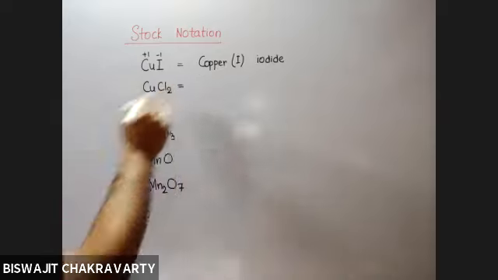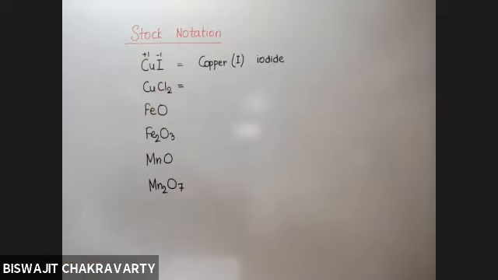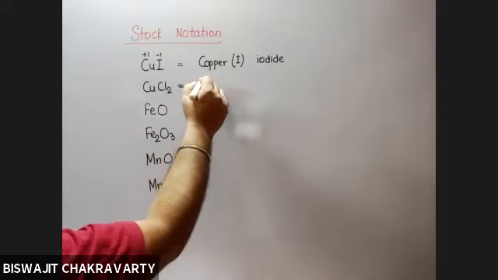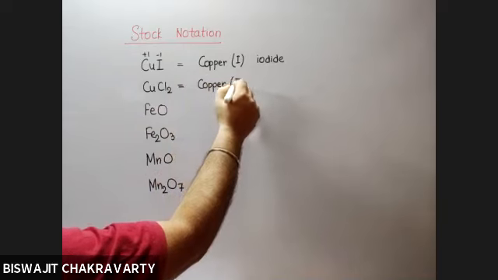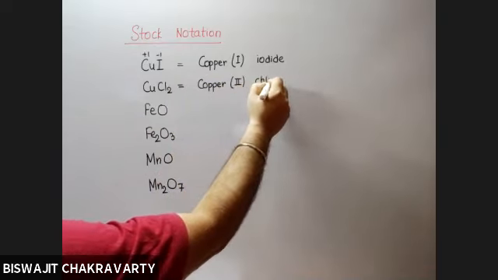What is the name of the second one? Copper 2 chloride. Copper 2 chloride.